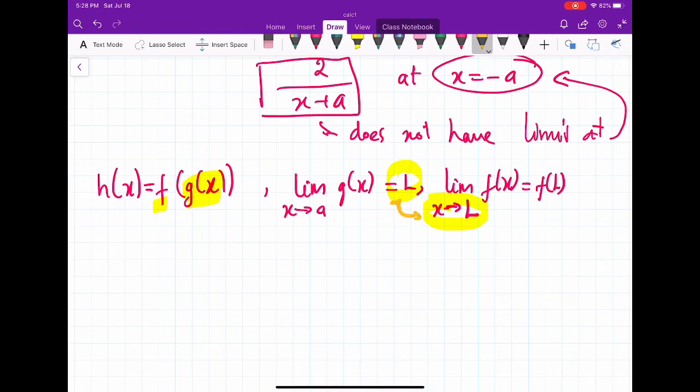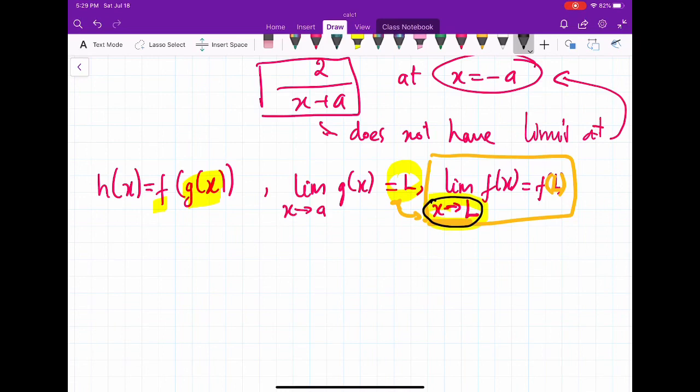So if that happens, then the limit of f when x approaches L is just f of L. Agree? Again, just look back at the principle I just told you. When you see a limit right here, you just need to plug the point into the function.